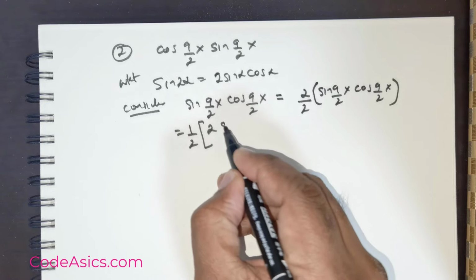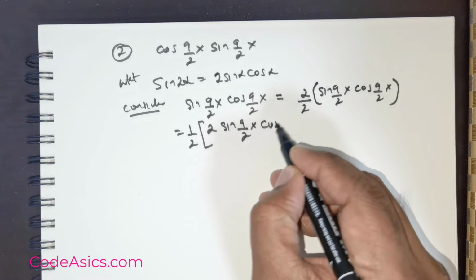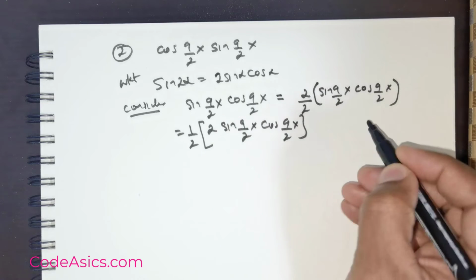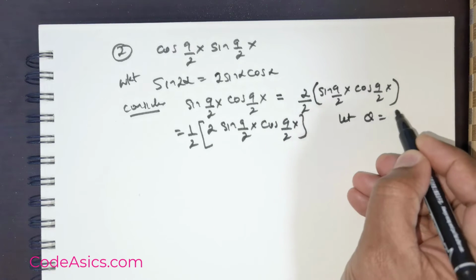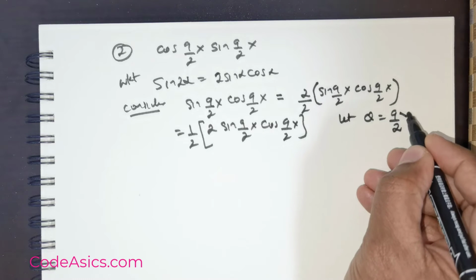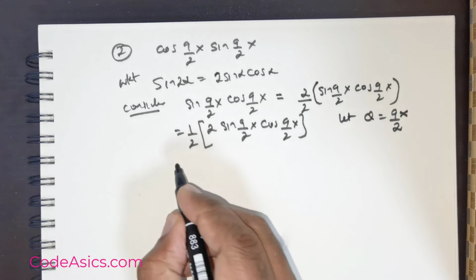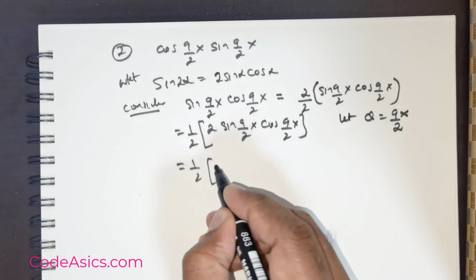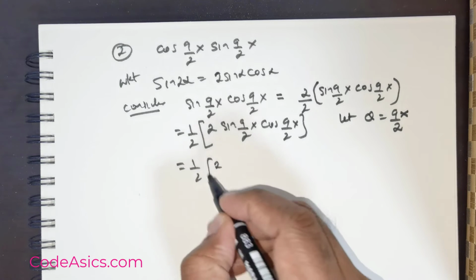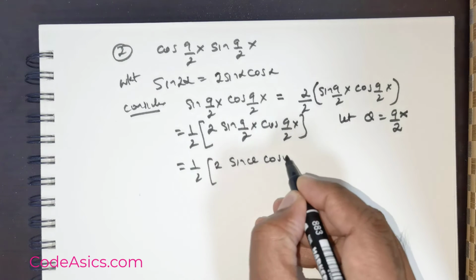So it's 2 times sine of 9 over 2 times x times the cos of 9 over 2 times x. Now let me take theta to be equal to 9 over 2 times x. So this is equal to 1 over 2 times 2 times sine theta times cos theta.